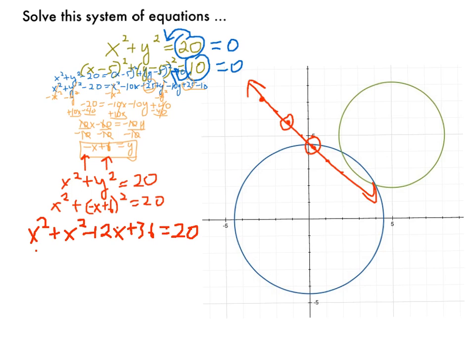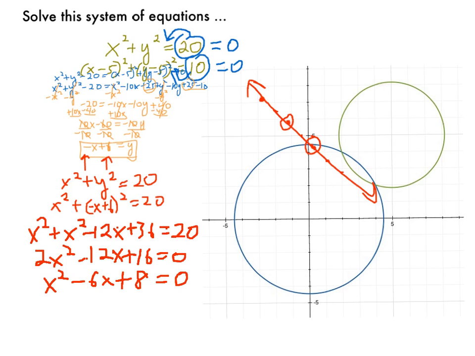So that's going to give us 2x squared minus 12x, and I'm going to move that 20 over, so minus 20 gives us a plus 16 equals 0. Everything's divisible by 2, so let's simplify our lives and make it x squared minus 6x plus 8, and over here 0 divided by 2 is still just 0.